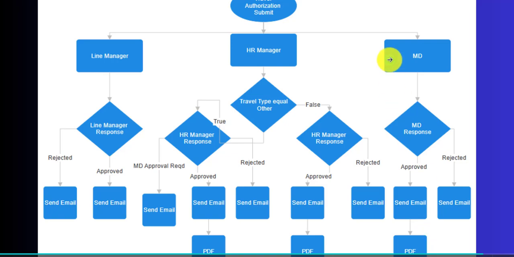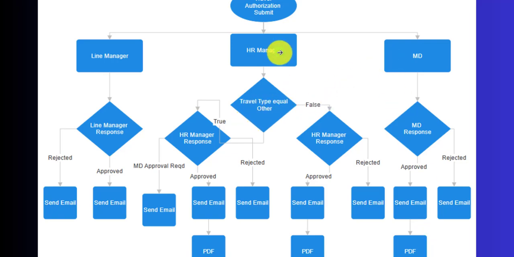Okay, and one more thing: the HR manager will check the travel type. If it is not equal to Others, then there is no approval required from the MD. So the HR manager can directly approve or reject the item.